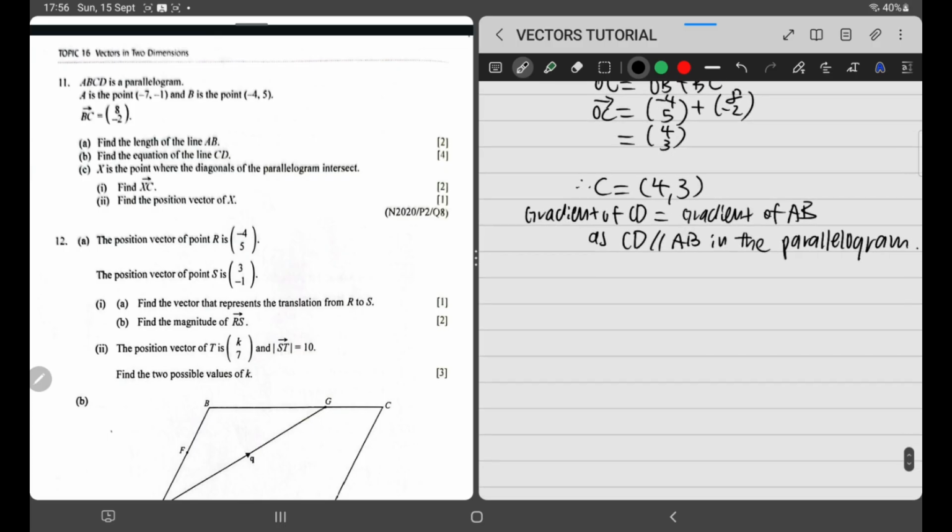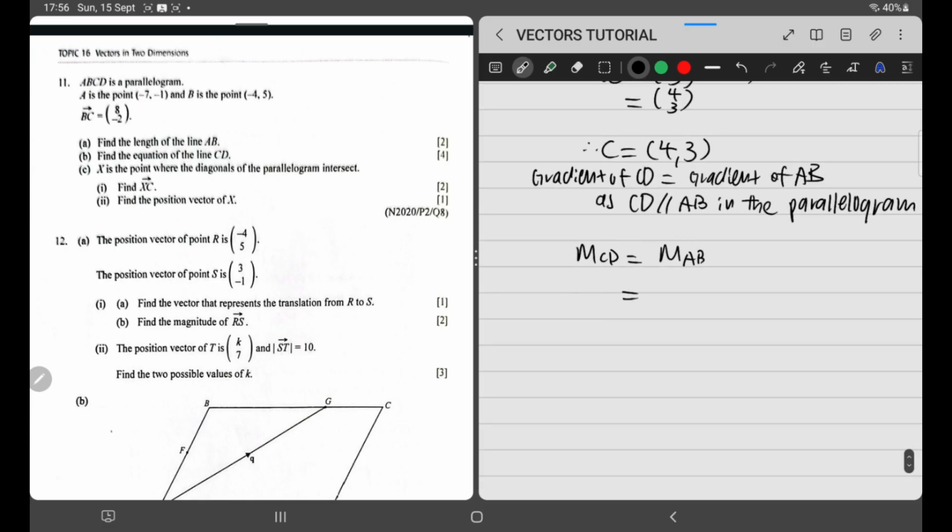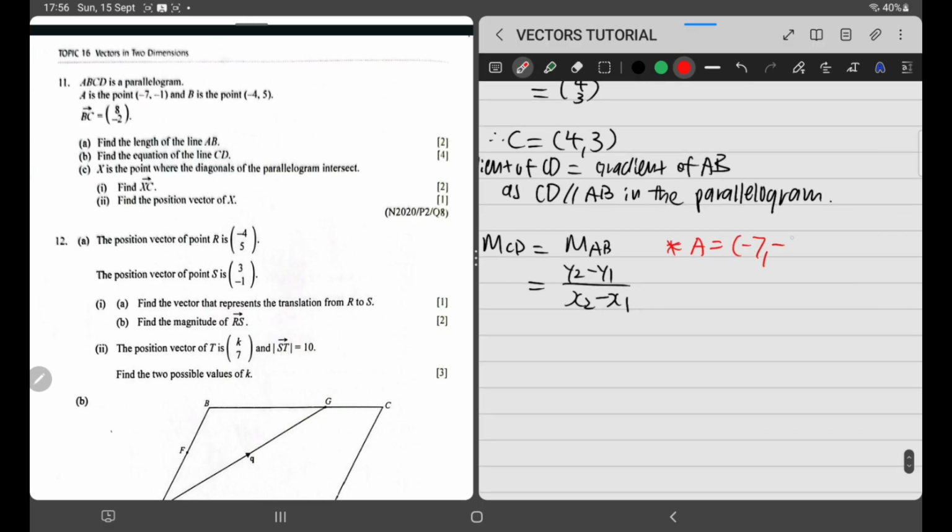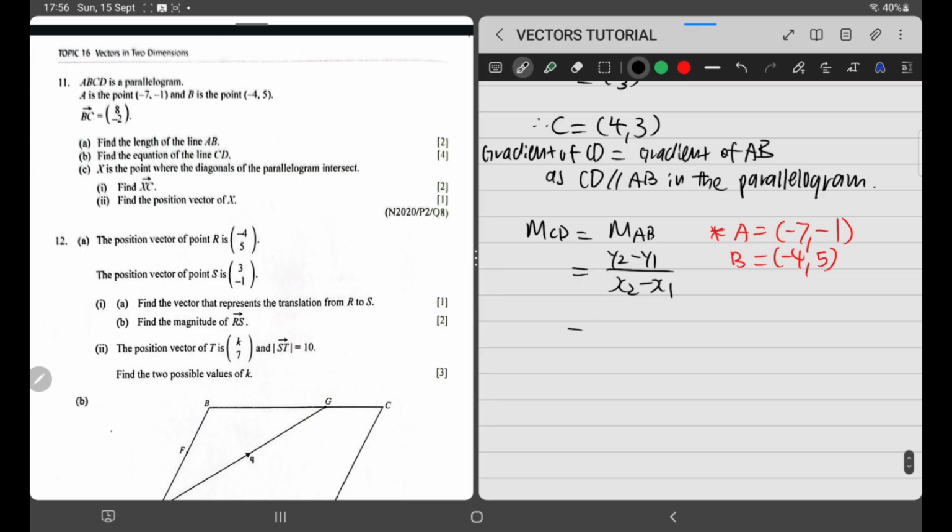So you just got to take note of that. Therefore, the gradient of CD equals to the gradient of AB, which is just taking the 2 points, y2 minus y1 over x2 minus x1. Your A is (-7, -1), and your B is (-4, 5). Therefore, you just take 5 minus -1 over -4 minus -7.